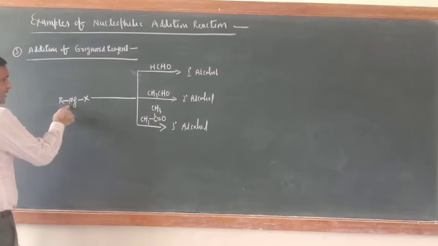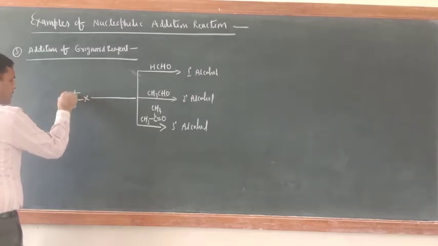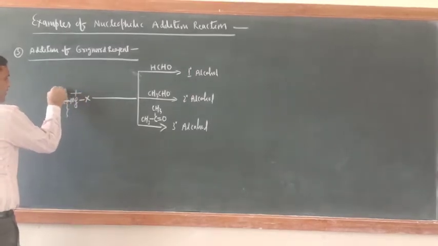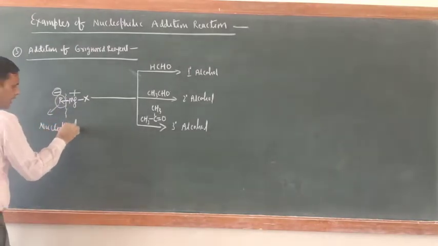In Grignard reagent what is there? RMgX. Now the bond is getting broken from here. This part is the positive part, this part is the negative part. So this R part is the nucleophile. Correct or not?